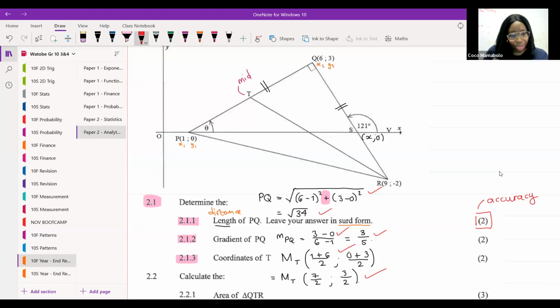If you get that part wrong and your answer also comes out wrong, they're going to give you 0. The only time they can start considering whether you've used the correct formula is if there are 3 marks or more. So accuracy means that we must get everything correct. 1 mark and 2 mark questions leave no space for a mistake, otherwise we're going to lose all the marks.